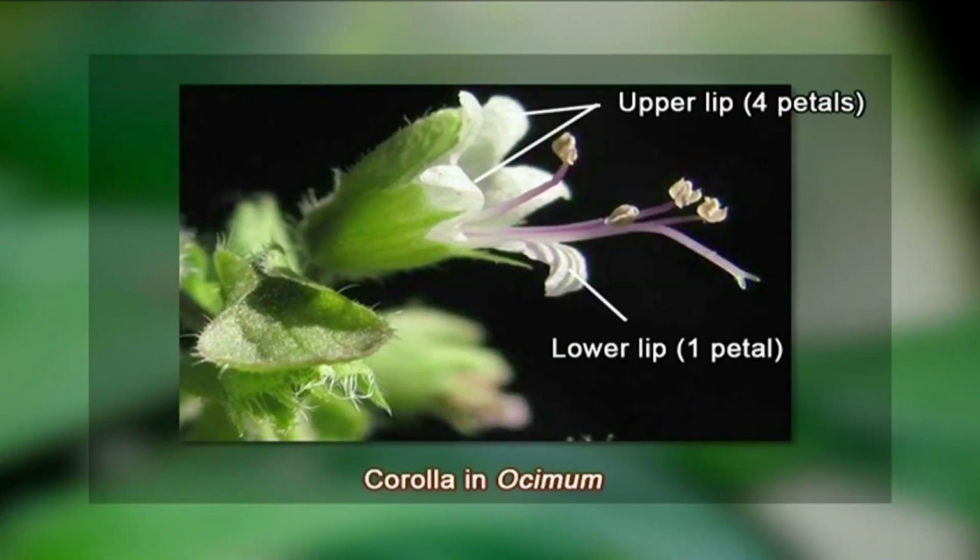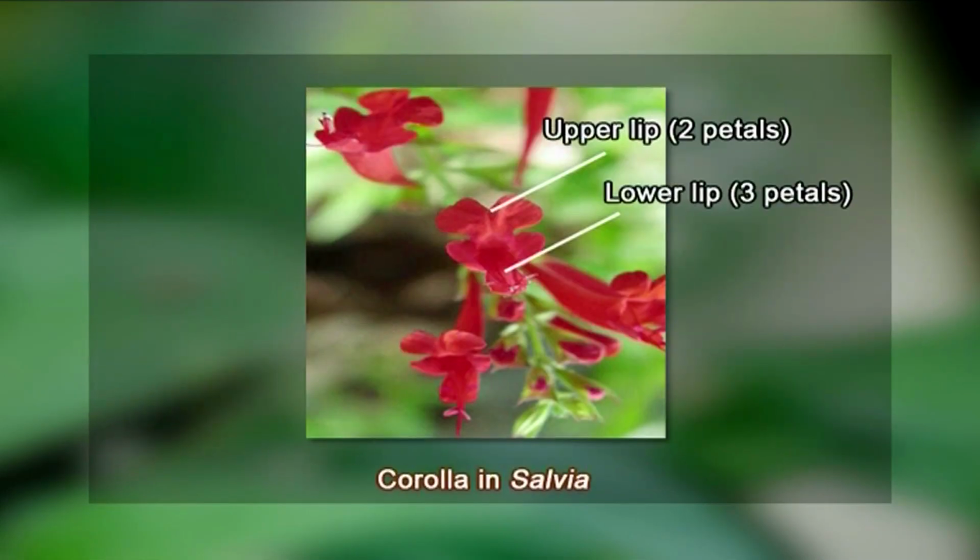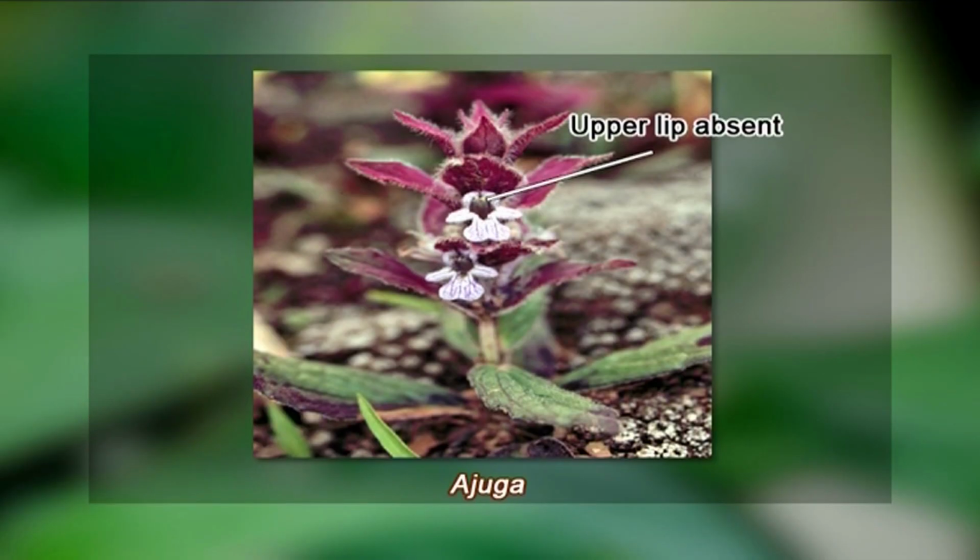It can be 4 by 1 in the case of ocimum, or it can be 2 by 3. Example is salvia. The upper lip can sometimes be completely absent, as we see in the case of ajuga, or very rarely it can be four-lobed.